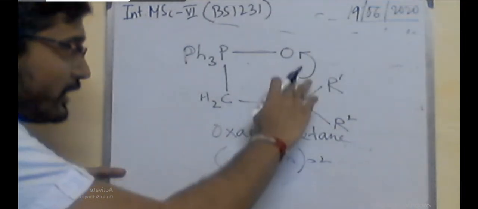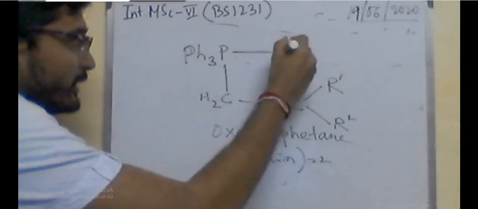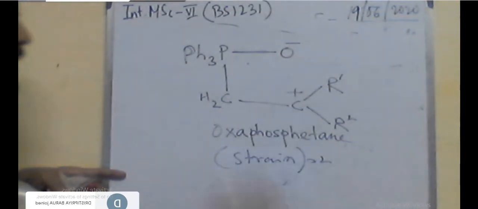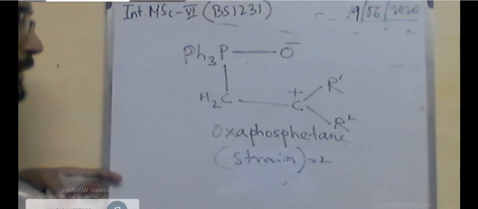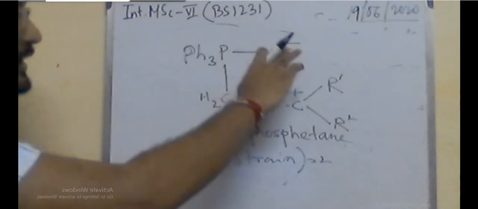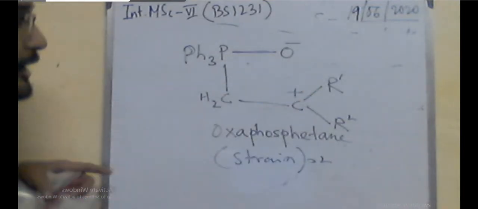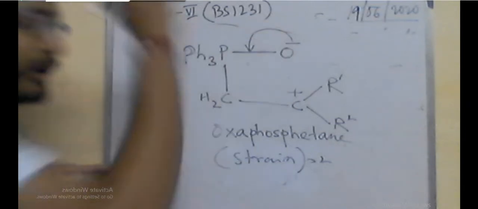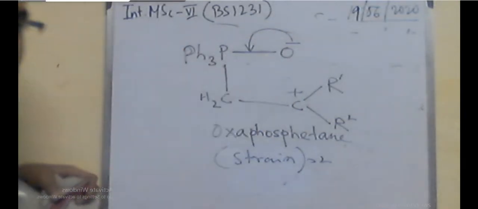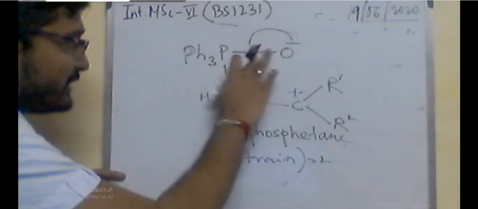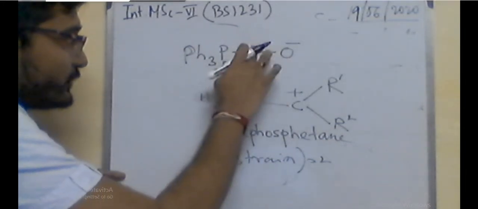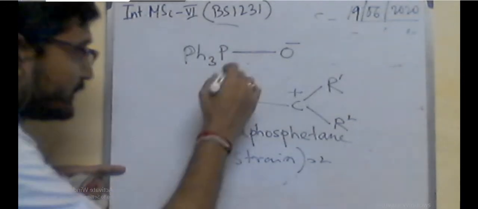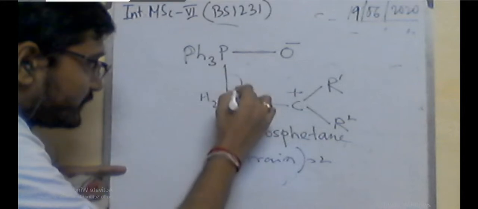Now the next step is, phosphorus again has a vacant orbital which can interact with this electron density on the electronegative oxygen. So it will again donate its electron here and simultaneously this bond will be broken. But for easy understanding you can also show it this way, in between phosphorus and oxygen it is the electropositive center. So I am writing it this way, say breaking of this bond and formation of the negative charge at this center now.